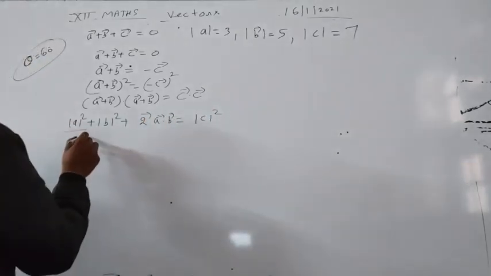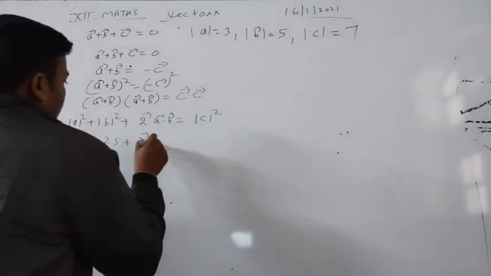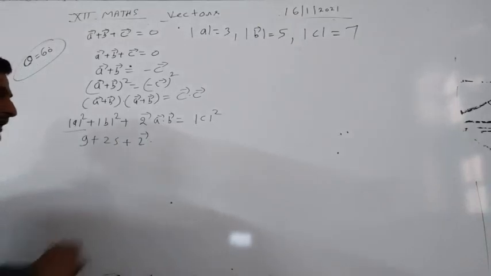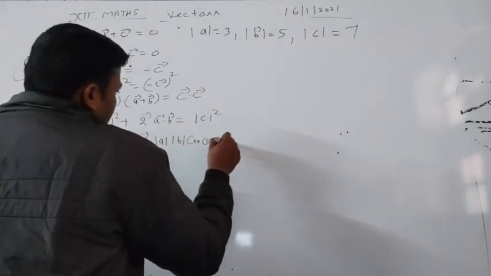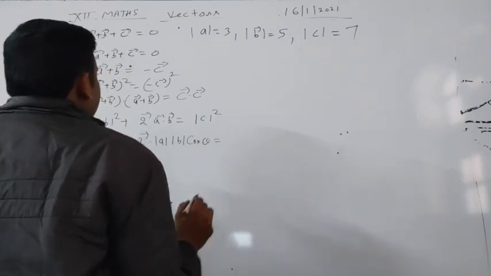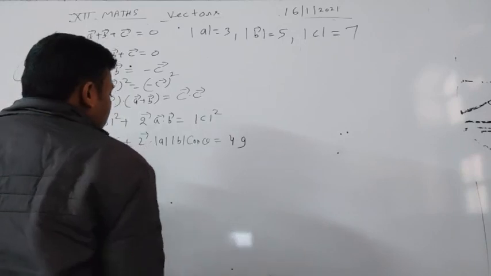A square we write 9, and B square is 25, and A dot B we can write as mod of A, mod of B cos theta, which is equal to C square, and the value of C is 7, so it will be 49.